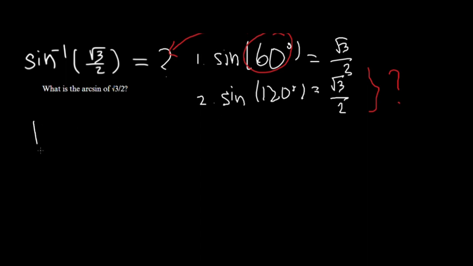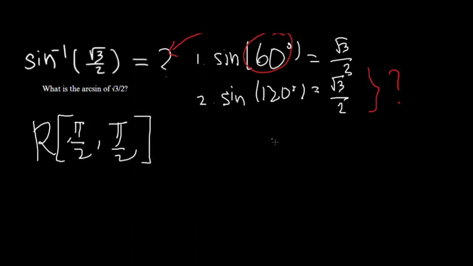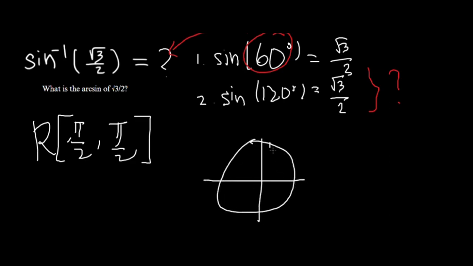Ang reason behind dito is of course the same as example number 1, whereas yung range ng arcsine function is negative pi over 2 and pi over 2, whereas in a unit circle it only exists in quadrant 1 and quadrant 4. 60 degrees is located right here, the square root of 3 over 2.